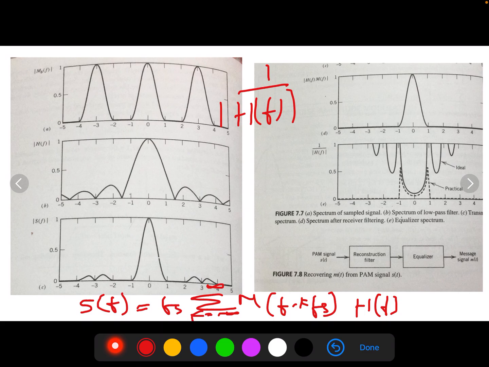This figure displays the ideal form of equalization needed for the example being considered here. The dashed curve illustrates the framework for a practical equalizer.